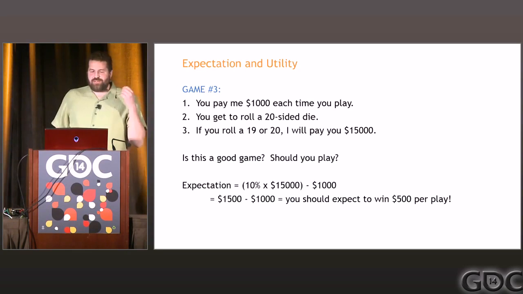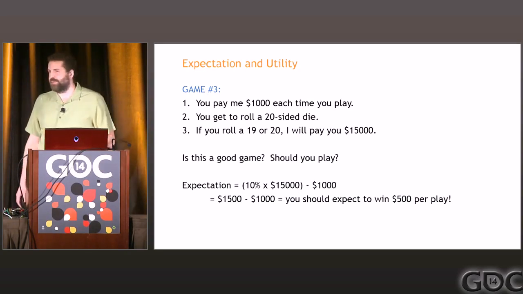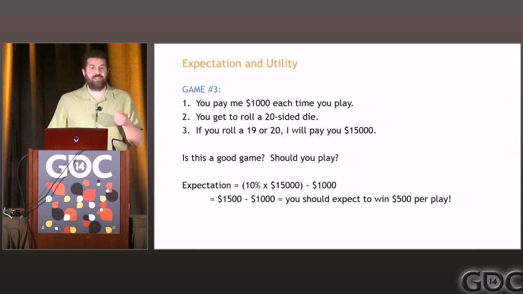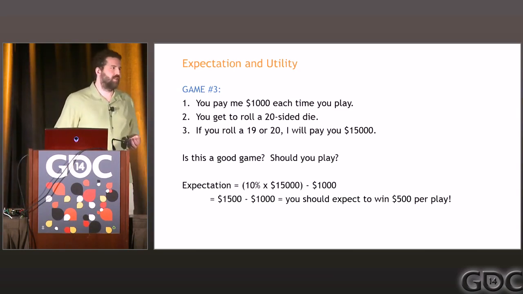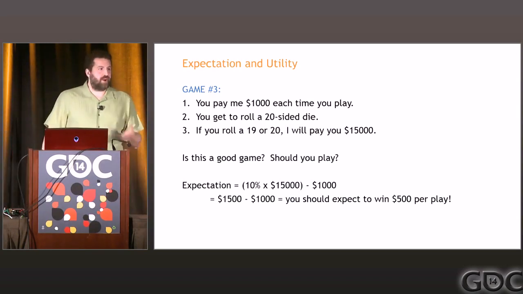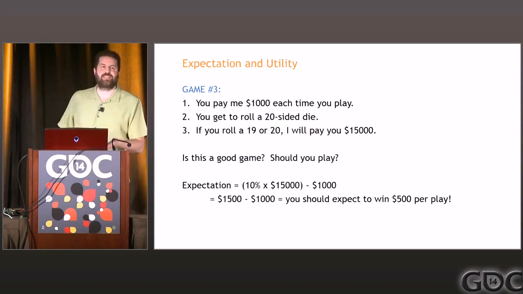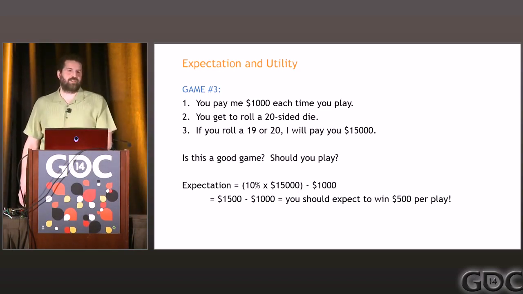But there's a problem of utility, which is that probably not most of you have $1,000 in your pocket. And if you did, you probably don't have $3,000 or $4,000 or $5,000, right? So you'd play once, you'd lose, and then you'd be out $1 grand. So you don't have the kind of money probably on you, or maybe even in general, I certainly don't, to be able to play this game in order to get the expectation out of it that you might want.